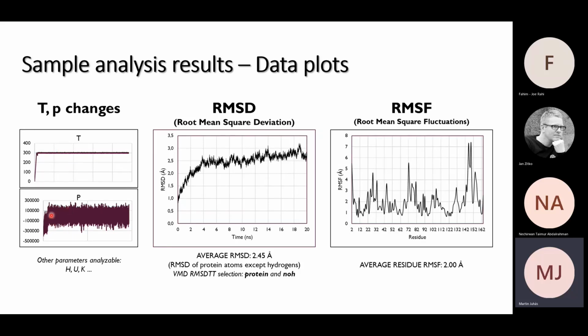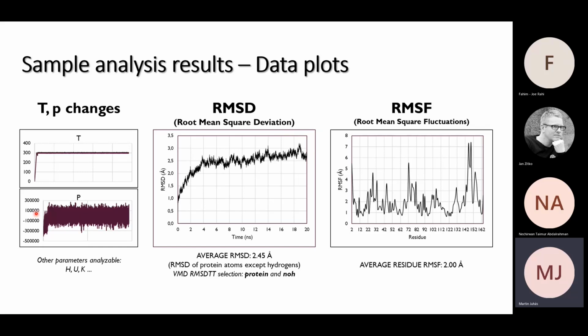But for the pressure, you can see that it goes really from minus 100 to 100. We set it to a value of 1, which is 1 atmosphere, and it still goes from minus 100,000 to 100,000. So the pressure really oscillates, and it depends on the algorithm that you use.